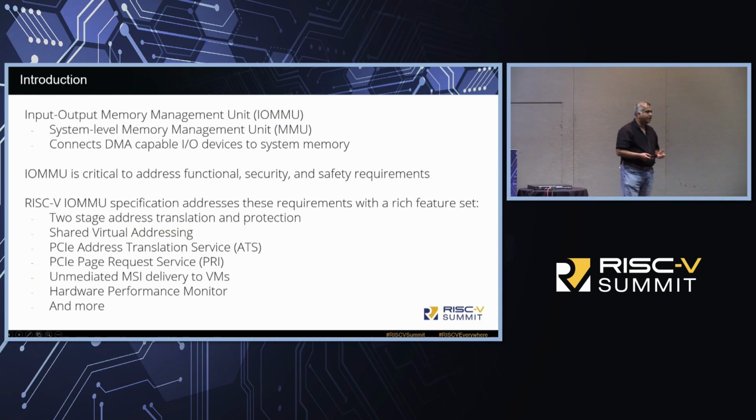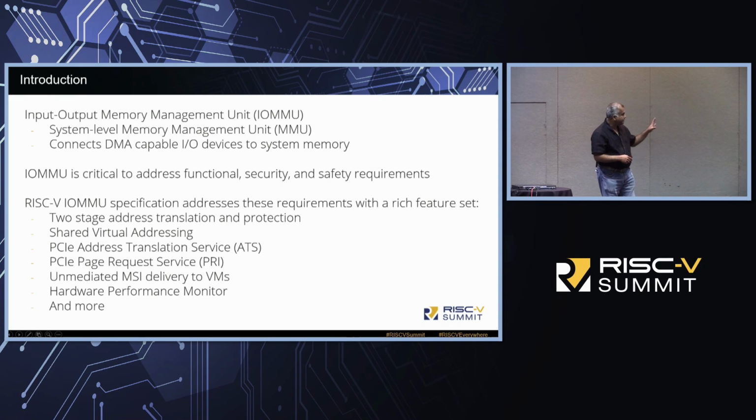It's a very critical component, required for achieving a lot of functionality. I'll talk about the use cases where an IOMMU is required. It's required to provide security against rogue DMAs and DMA-based attacks, and it is required for a number of safety-critical segments in order to achieve their objectives.